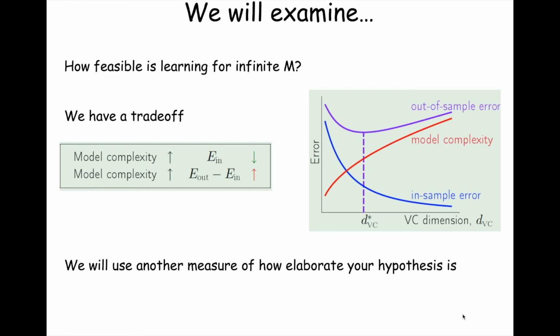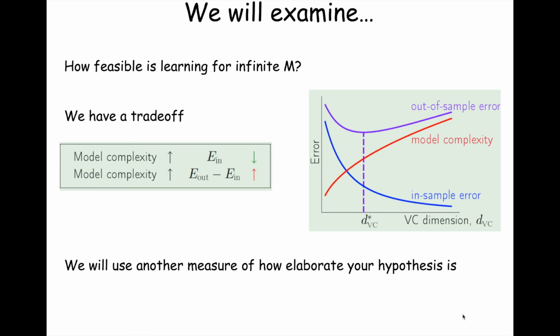And this VC dimension, d_VC, is the number that corresponds to when that inflection point starts to happen. That's a depiction of the relative learning power, if you will, of a particular learner.